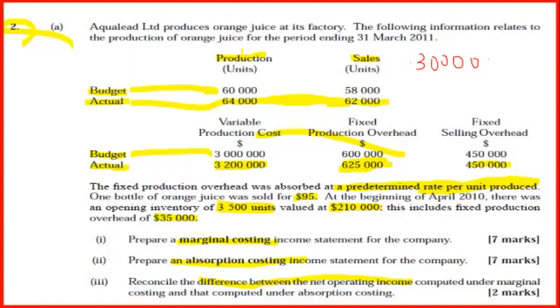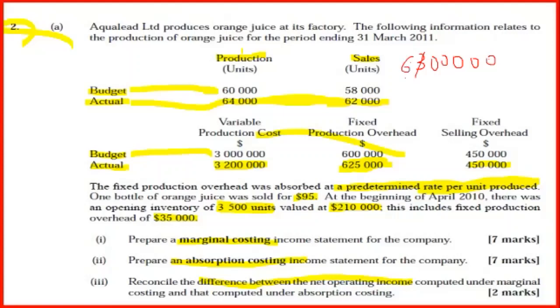Let me see. Okay, it's only the fixed production, right? So it would be 600,000, not the. Right. Okay, so this should be 600 here. Cross that out, put a 6 here.